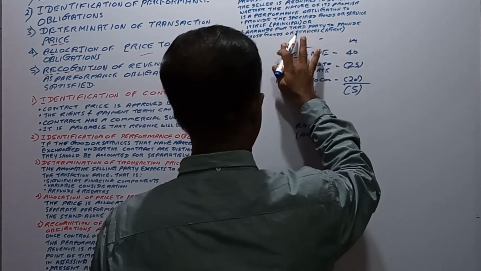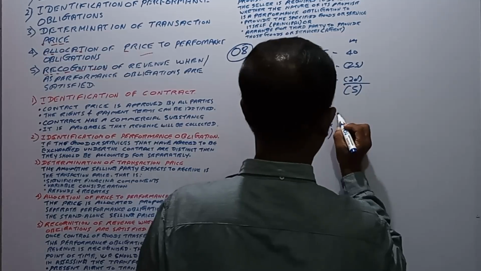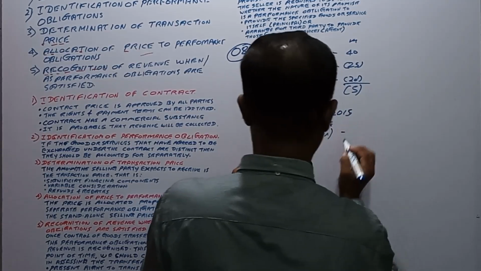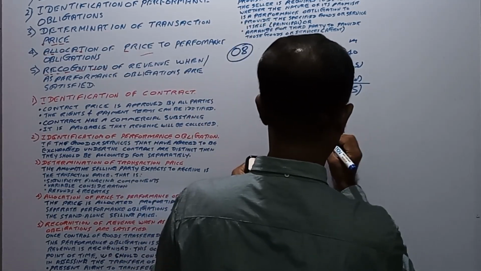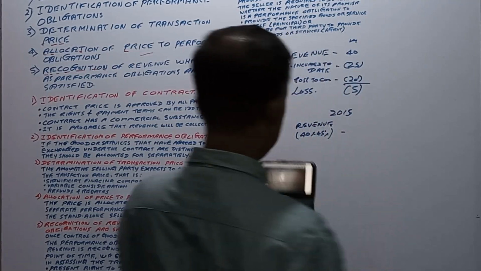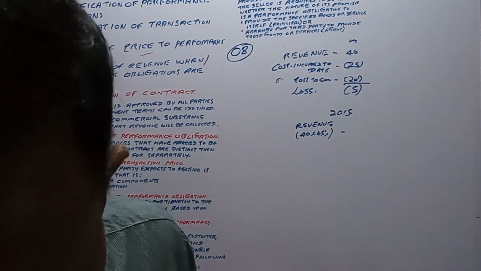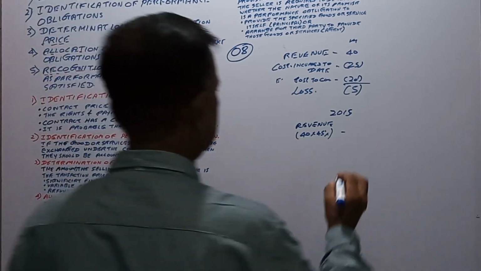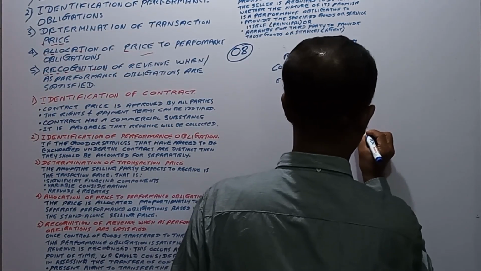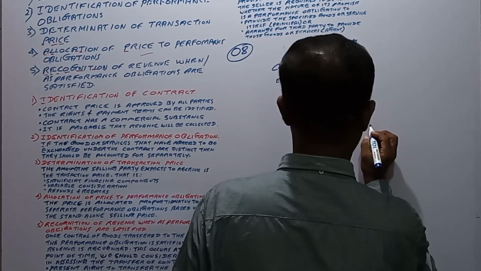Okay, this is for 2015, right? 40 into 45, how much? 40 into 45 is 18 million, right?